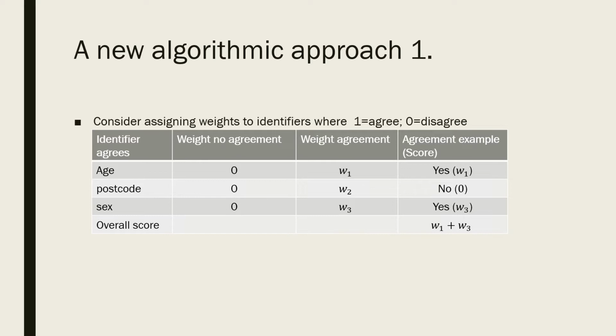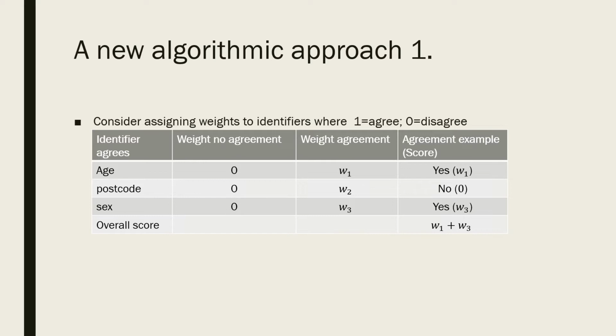Okay, and the real assumption behind this is that these weights you assign are all reflections of a common underlying scale, if you like, a propensity to be a match. And what you would like is for the case where age, postcode, and sex all agree, that you would treat it, typically in any system, as a match, because that's all the information you have.